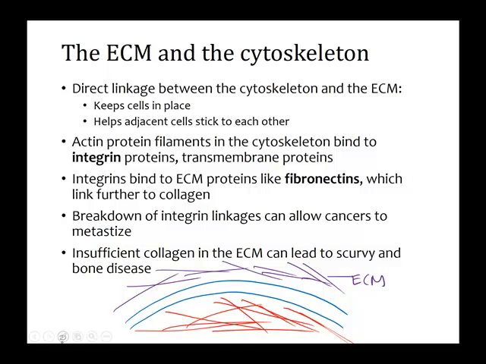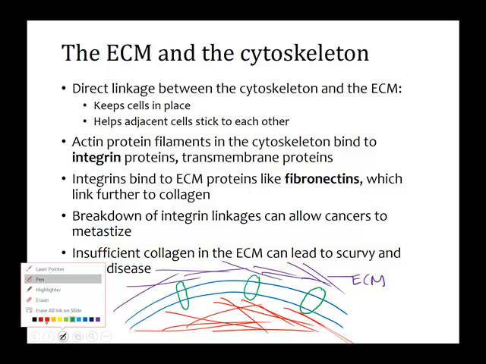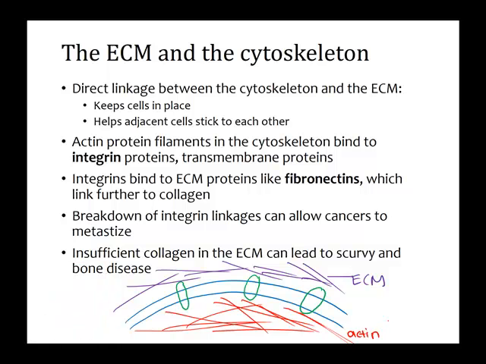And then we have these proteins that link the cytoskeleton with the fibers of the extracellular matrix. And remember, one of the components of our cytoskeleton is actin. Most often we actually link actin to the extracellular matrix.